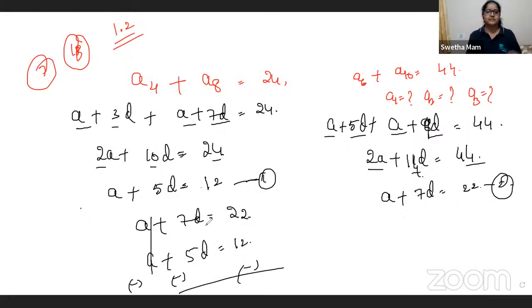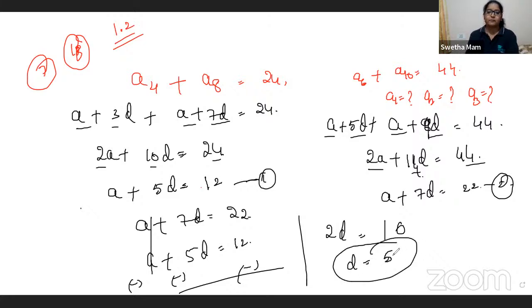See, A will cancel. 7D minus 5D is 2D, that is equal to 22 minus 12, which is 10. D is equal to 10 by 2, that is 5. So the value of D is 5. And now find the value of A. So substitute the value of D in one of the equations.